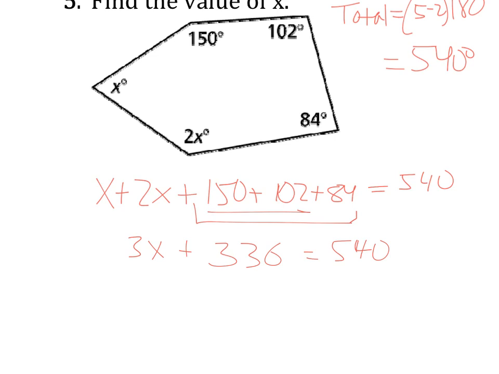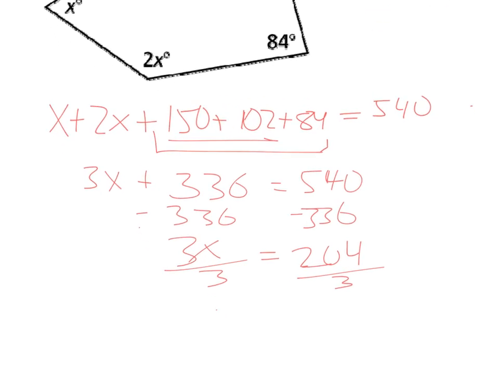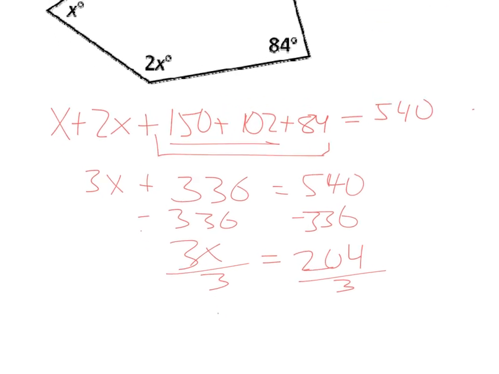Let's subtract 336. And that should give us 204. And that's 3x. And if we divide that by 3, should be divisible by 3. And that gives us 68.